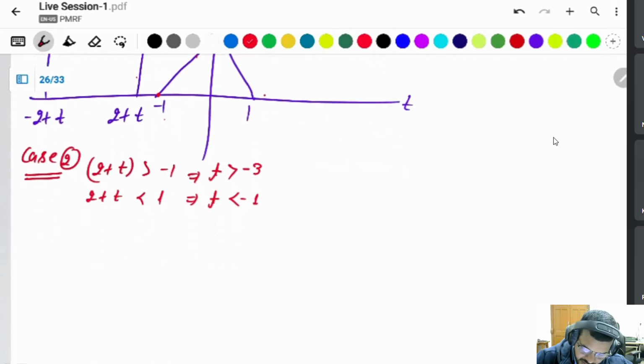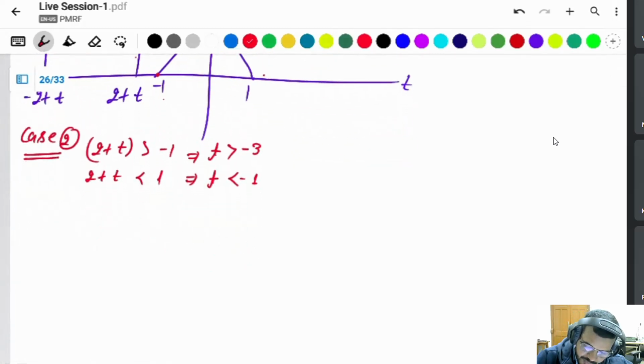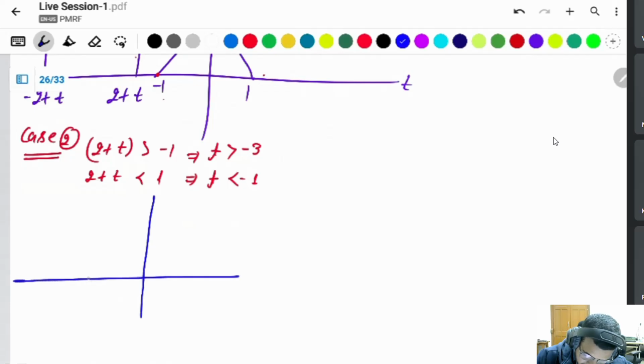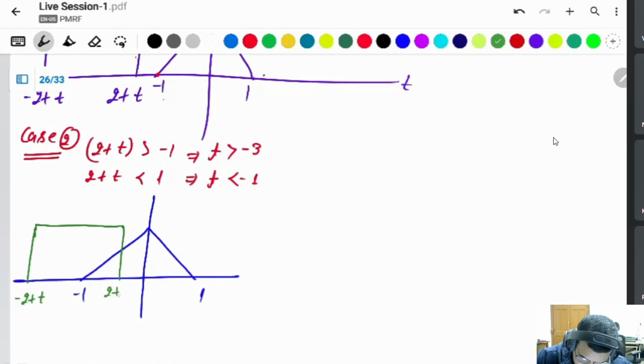In this condition, what is the overlapping? This is the same, minus 1 to 1. The other becomes minus 2 plus t to 2 plus t. There is an overlap found here.